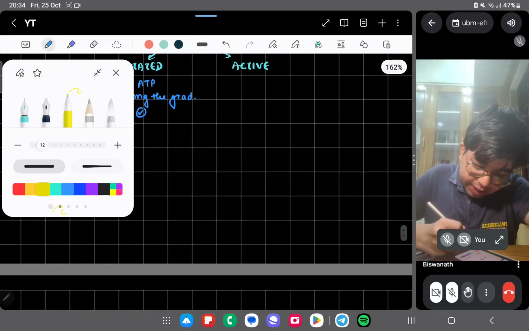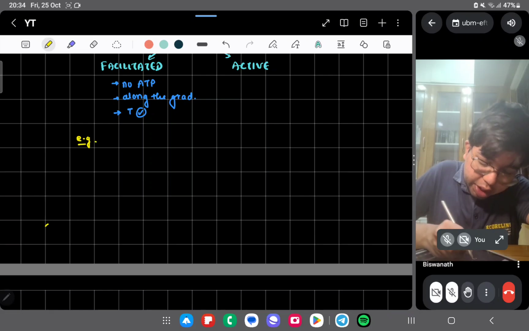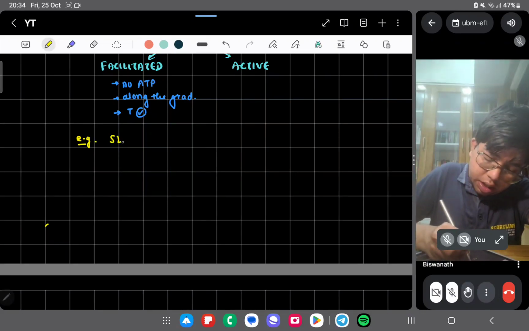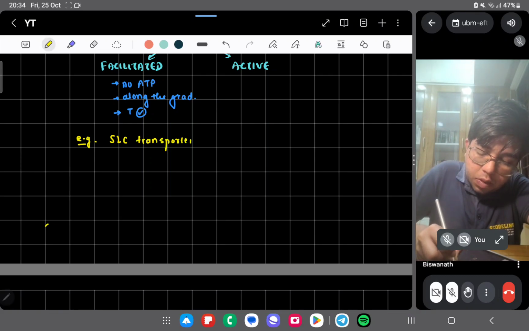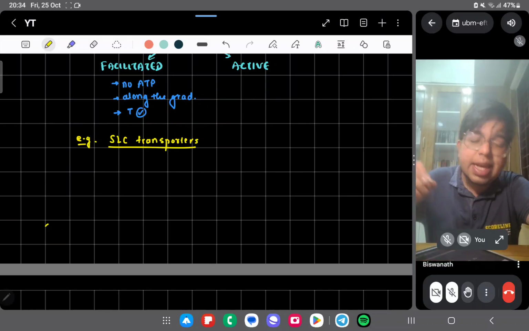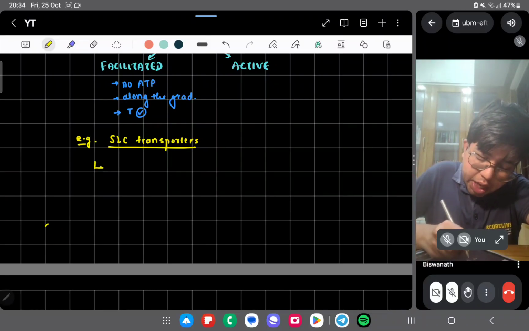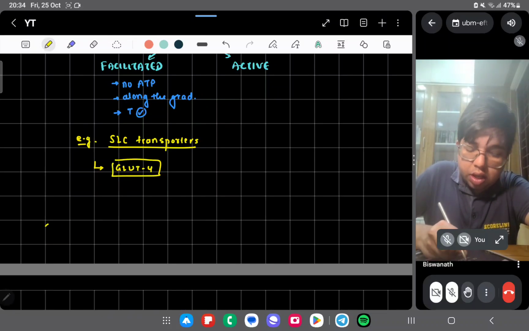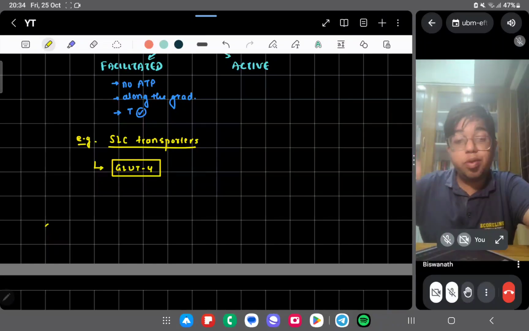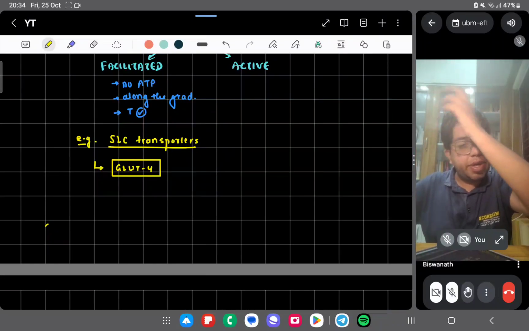We have the example of a special transporter called the SLC transporter. For example, you have GLUT4. I'm sure you must have heard about GLUT4, right? We'll learn more about GLUTs when you move to the endocrine chapter in the diabetes part.